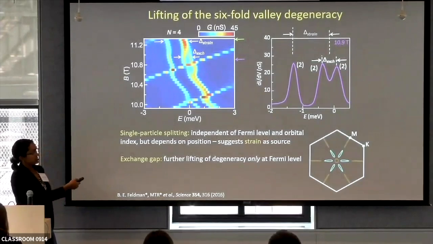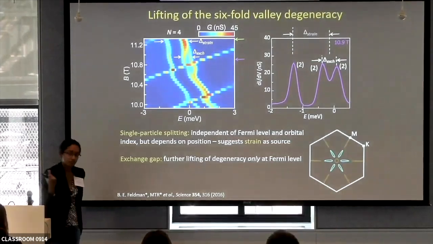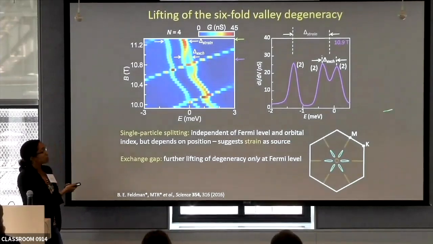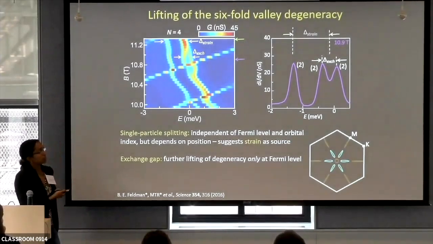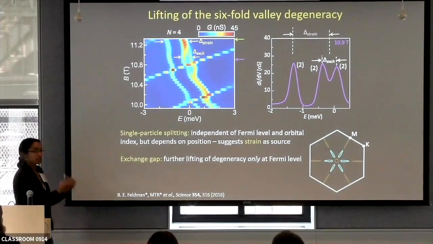And if you look at this energy scale here, this is looking with very high energy resolution at a plus minus 3 milli-electron volt energy range. And this exchange splitting, the Coulomb's interaction is on the order of 500 microelectron volts here. So what we can see is we can tune the magnetic field to a regime where we've lifted the 6-fold valley degeneracy into 3 doubly degenerate states here, where we see 3 split peaks.